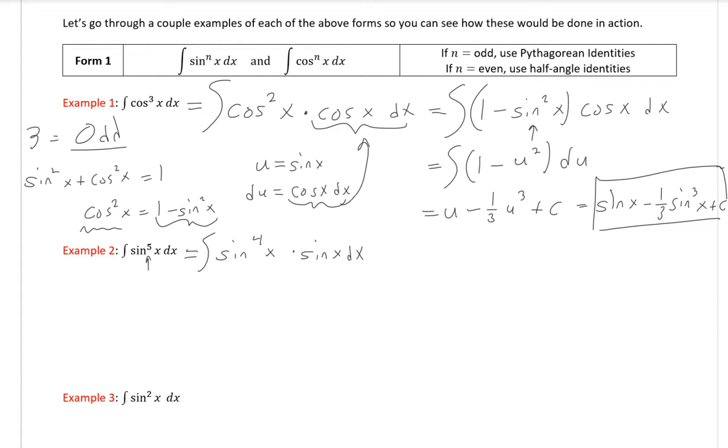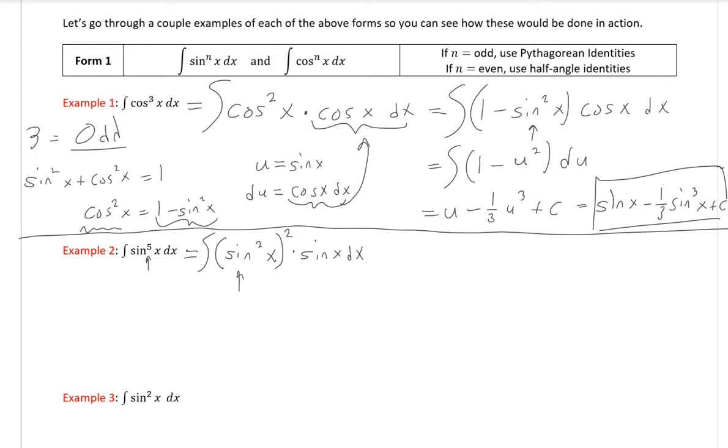Or, instead of sine to the 4th x, I could also rewrite this as sine squared of x, squared. That's the same thing, and that will allow me to use a u substitution in the way that I did before, by splitting up with Pythagorean identities.